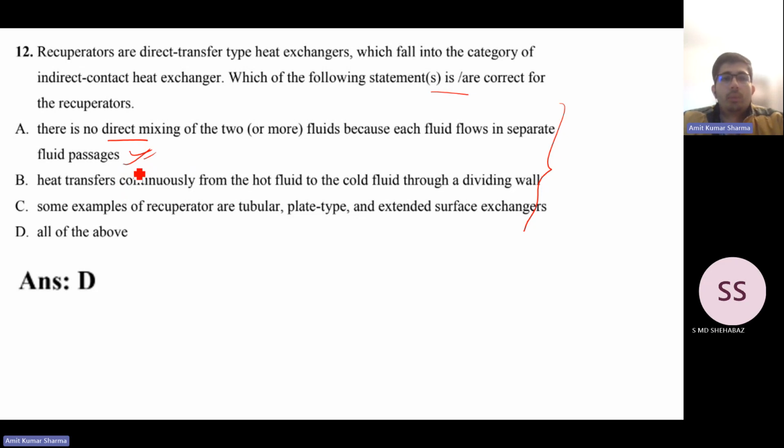So they are having their own passages. Heat transfers continuously from the hot fluid to the cold fluid through a dividing wall. There is a dividing wall. There is no direct contact. Some examples of recuperators are tubular, plate type, and extended surface exchangers. So the correct option will be all of the above. Option D is correct.